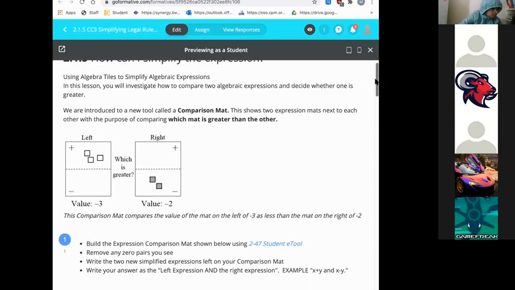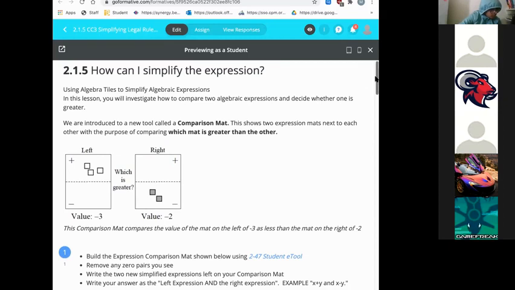But the question is, which one's bigger? Let me know in the chat which one of those is a larger number, -3 or -2? Which one is greater? I see a couple of answers, and they match. I got answers from Destiny, Anthony, Hussein, Tashvi, Olivia.